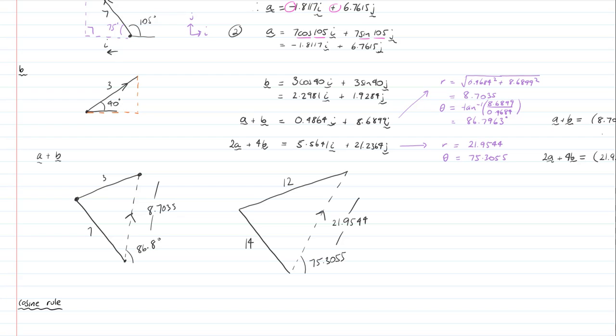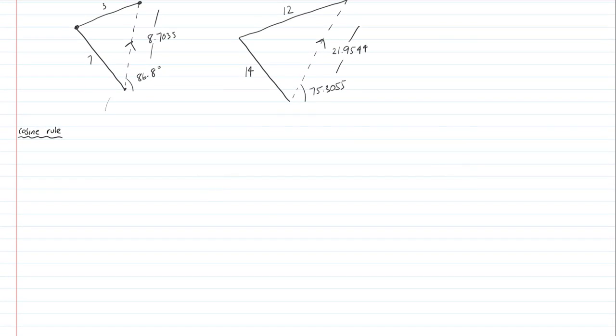Okay, so let's have a look at the cosine rule. Basically, for the cosine rule, I'm going to bring this diagram down. It's an important diagram, but I'm going to jazz it up a little bit. So we're going to start with our rough length of 7, and then our length of 3. This is our resultant, by the way, and that is 105, which means that this is 75.